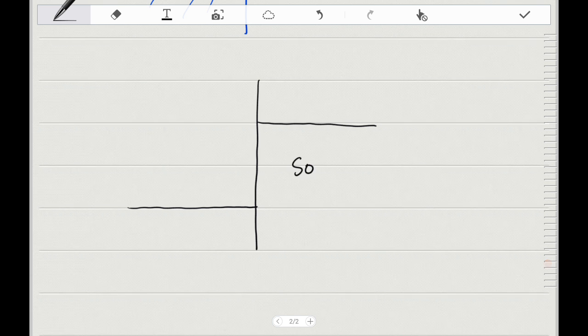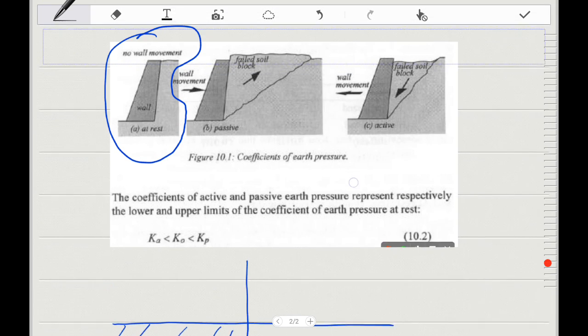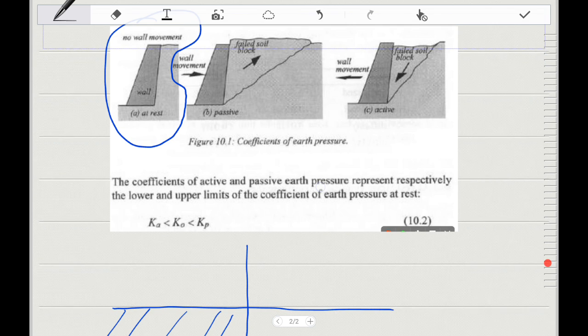So here is soil. At rest condition means that you don't want the wall to move. You basically want this soil here to think as if there is soil here. That's why it should stay at rest. It shouldn't move. There shouldn't be any sort of movement. So that's the at rest condition, and that's defined by K0 here. I'm going to label that K0.